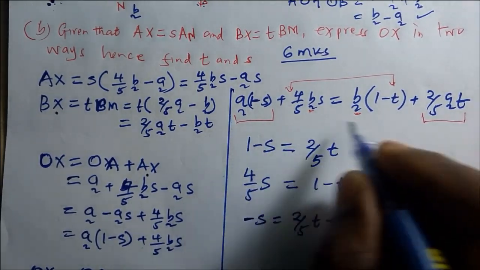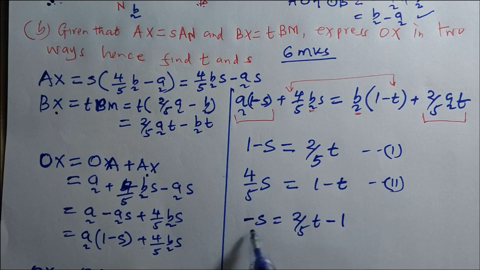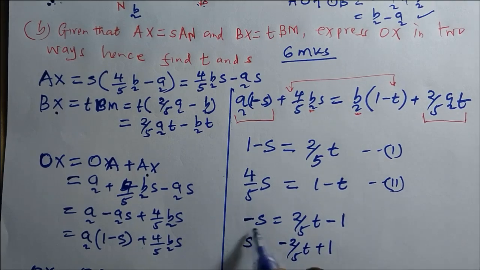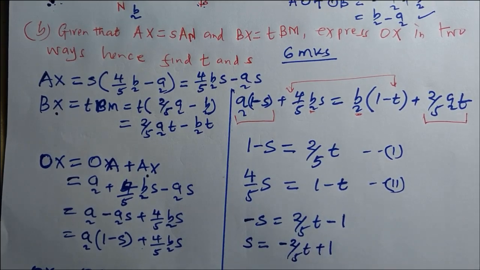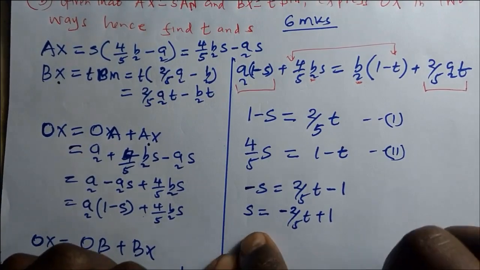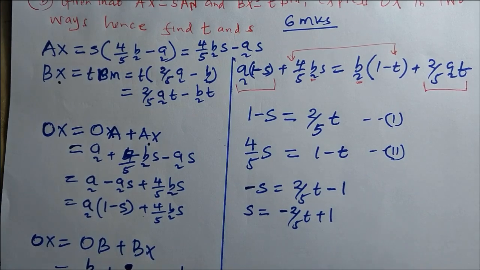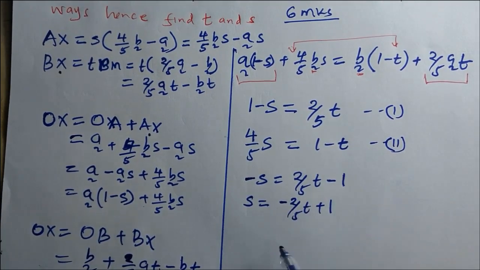I want to divide by -1 in each case, so I have S is equal to minus 2 over 5T plus 1. The negative changes the sign on this whole side. Now I take this S to equation 2 and substitute, so I get the value of whatever I want, T.